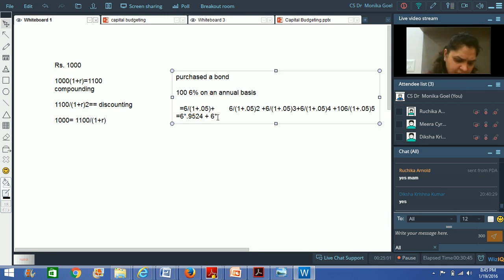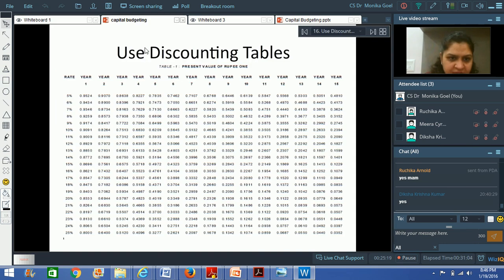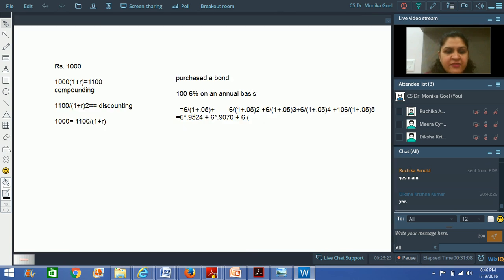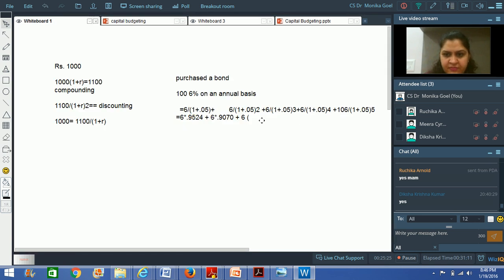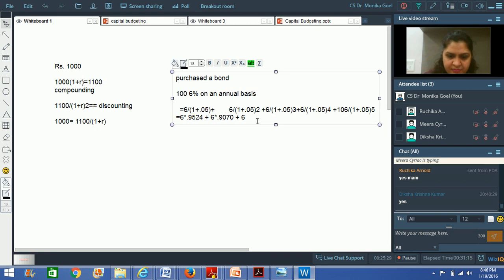What I will do again, I will again write 6 multiplied by, you can again use your calculator if you want, 0.9070, it was the figure. Then in the third year also I am getting 6 rupees. So 6 multiplied by again what? The figure is 0.8638.